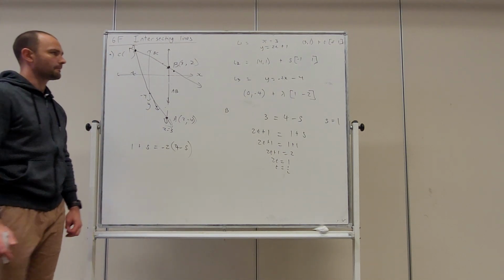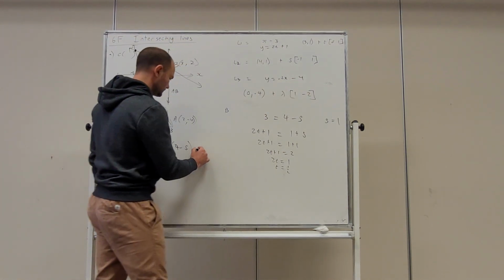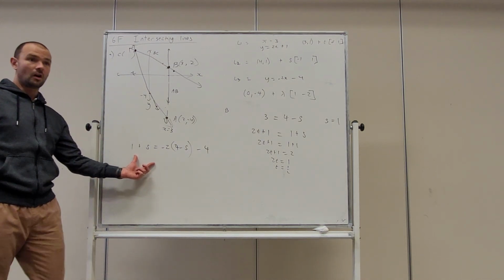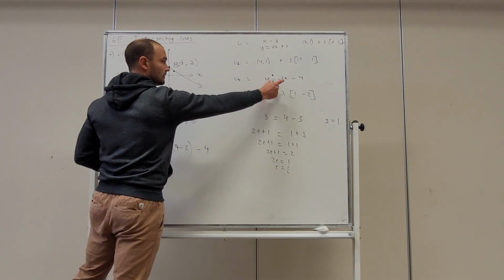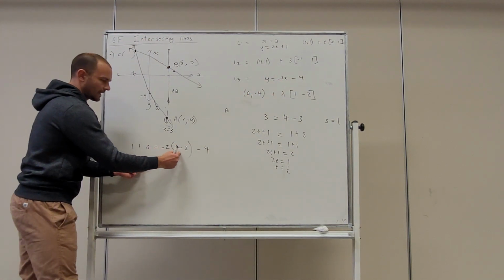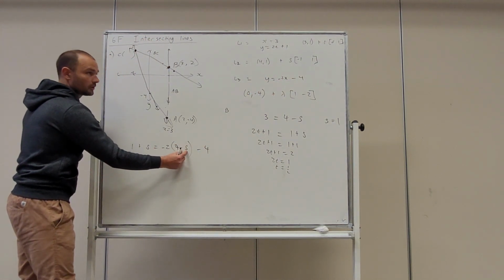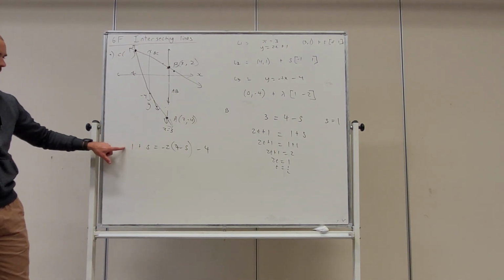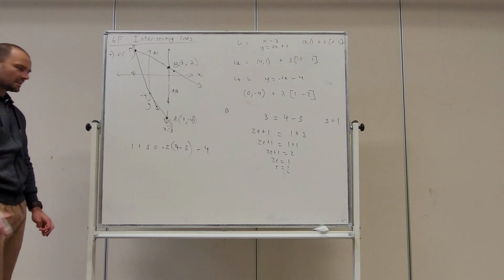And then we have take away 4. Okay, is everyone okay with how I've generated this equation? I'm taking it from here. We have y equals minus 2x, take 4. Here's the x value of line 2, and here's the y value of line 2. And then we're just going to solve that for s.